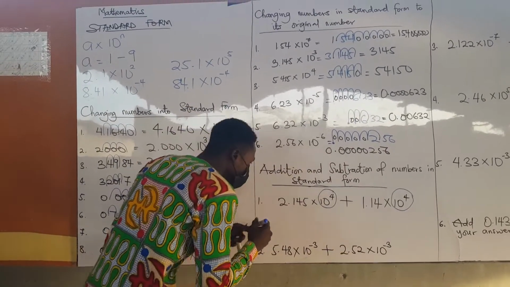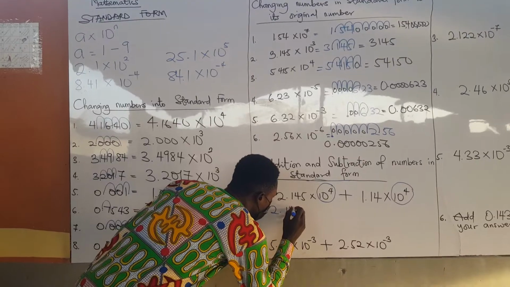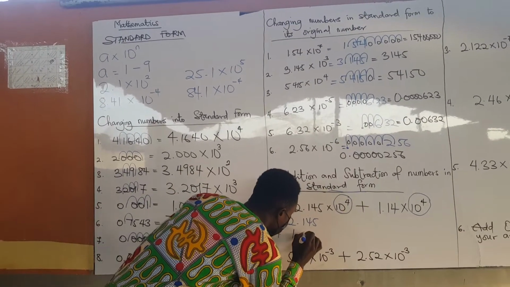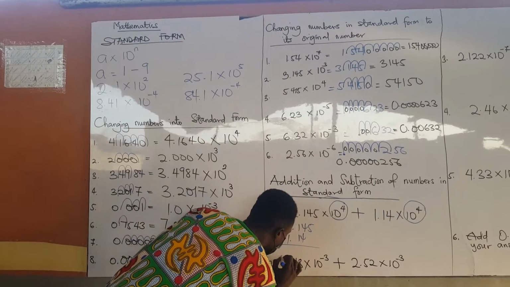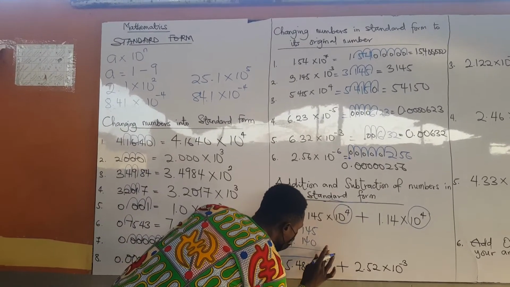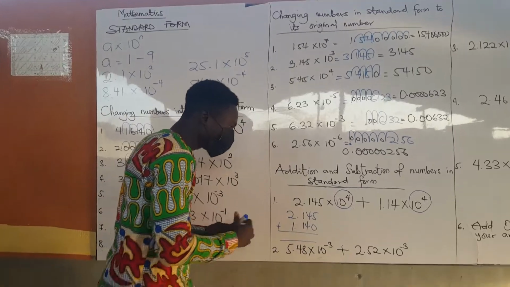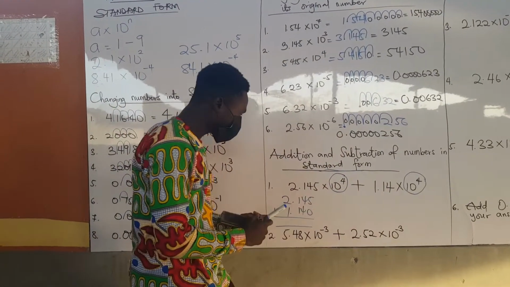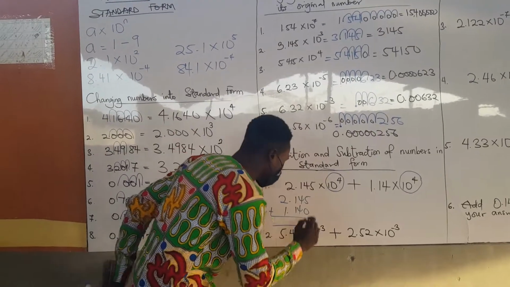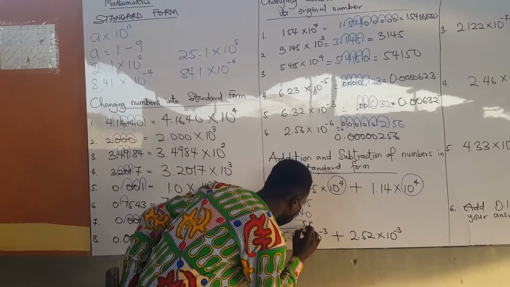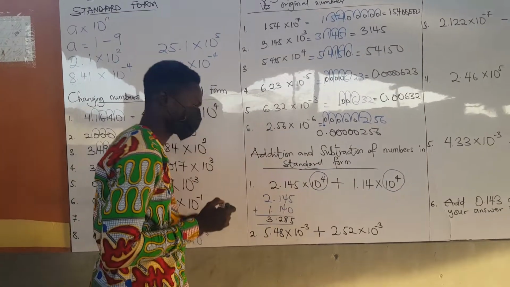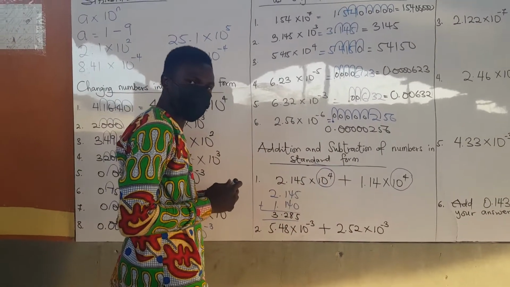So I'm going to put 2.145 plus 1.14 together. No number, so 0. And we've also talked about how to add decimals. So adding this together will give me 3.285. This is going to be my answer.